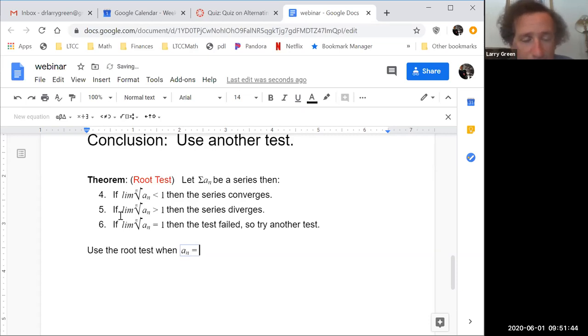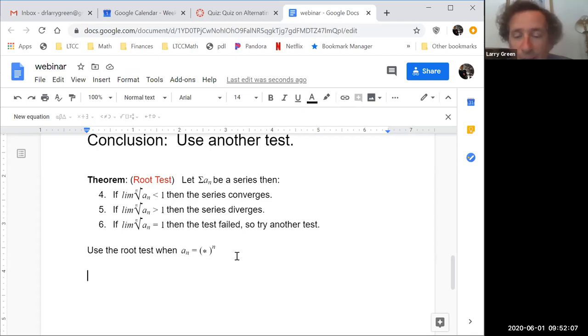is of the form something, and put star. Star means whatever you feel like, whatever, doesn't matter, to the nth power. Because if you take the nth root of that, the n's cancel.